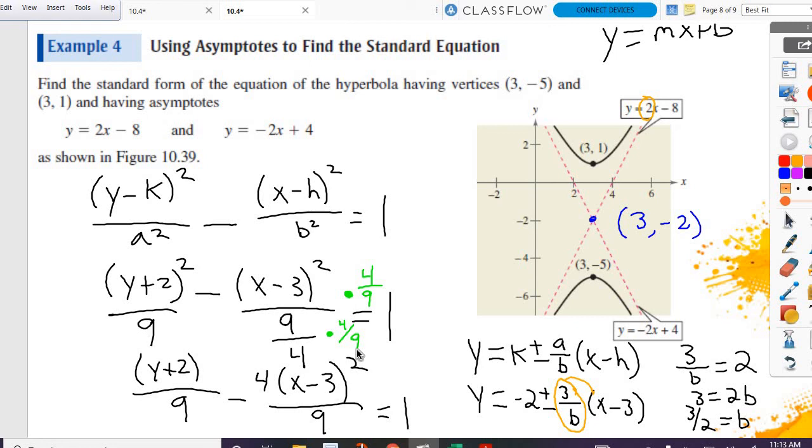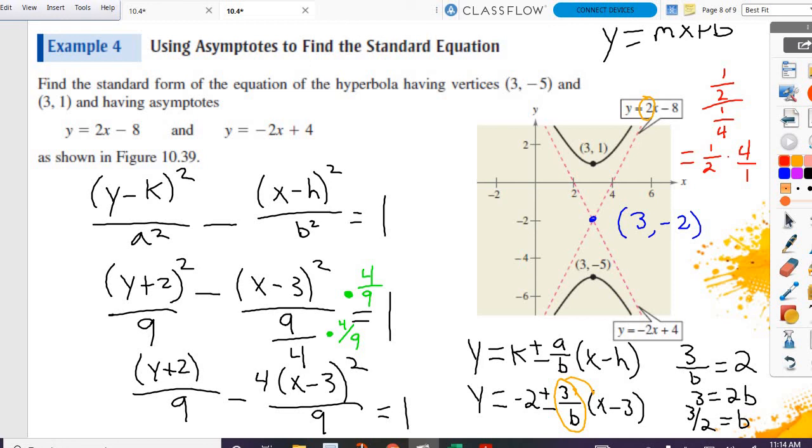It's just like simplifying fractions. The same thing as if I had 1/2 divided by 1/4, we change that to multiplication by flipping my denominator. It would be like a fraction of fractions, where you multiply the whole thing by 4/9 over 4/9.